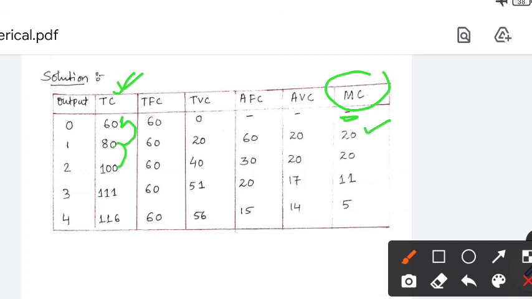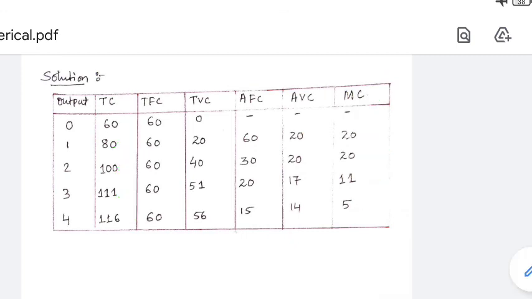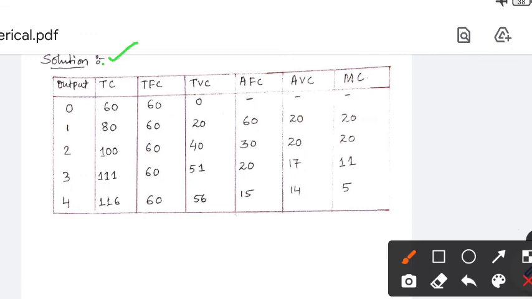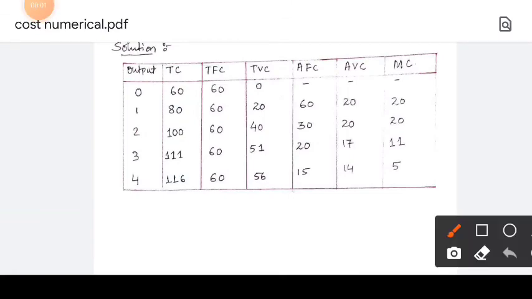Then again 100 minus 80, 20. Then 111 minus 100, 11. Then 116 minus 111, that is 5. So this way we got our TC, TFC, TVC, AFC, AVC and MC. So this way I have solved this question.